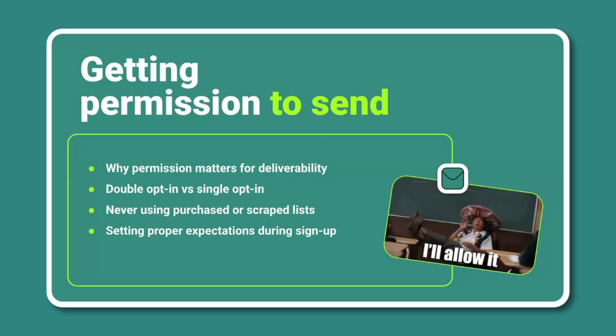And of course, setting proper expectations during sign up is really important. It will be great if you can add one additional message informing the clients what type of emails they are subscribing for, what will be the message frequency, like how often they can expect emails coming from you.